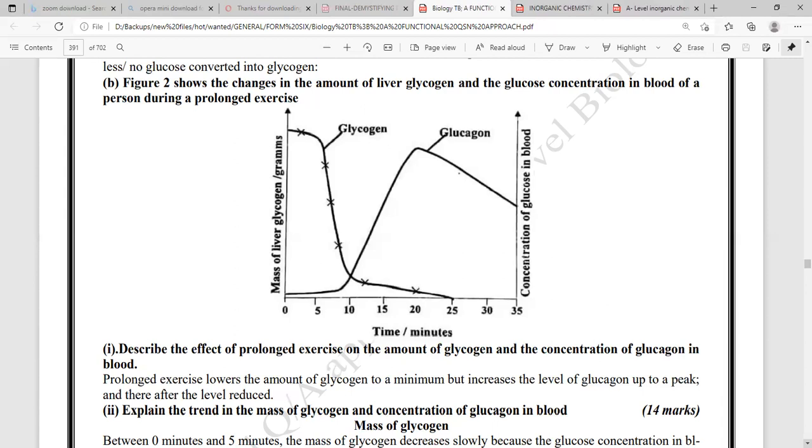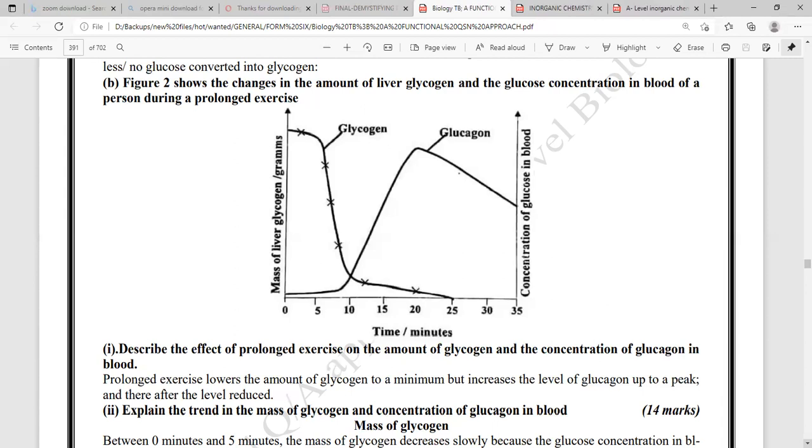Now, depending on the marks provided on this question, if they say describe the effect of prolonged exercise, this is what should be answered. But if they say describe the changes in the amount of glycogen and concentration over the prolonged exercise, then you would give descriptions from 0, or between 0 and 5 minutes.